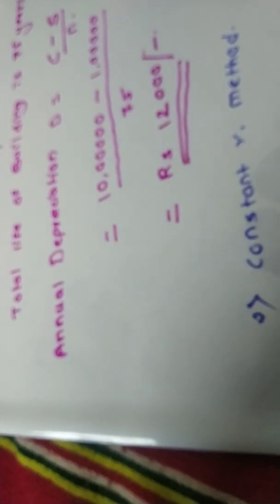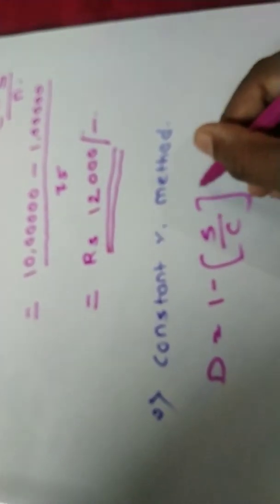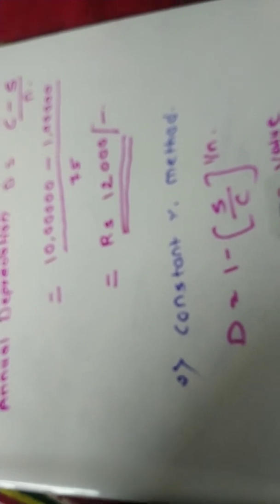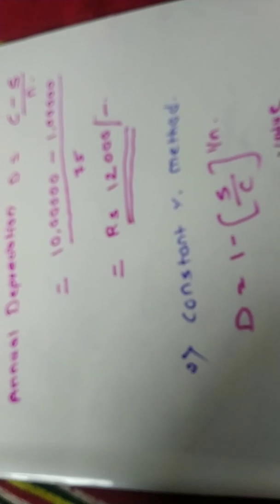So in the second, the constant percentage method, we are going to use the formula D is equal to 1 minus (S upon C) raised to 1 by N. Here S is again the scrap value, C is again the original cost, and N is the number of years.